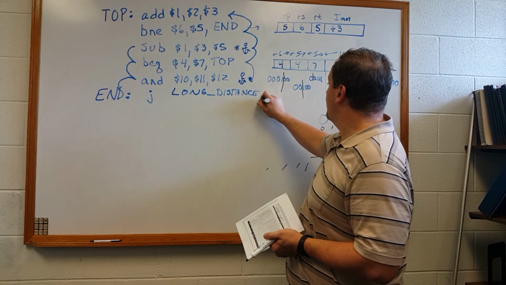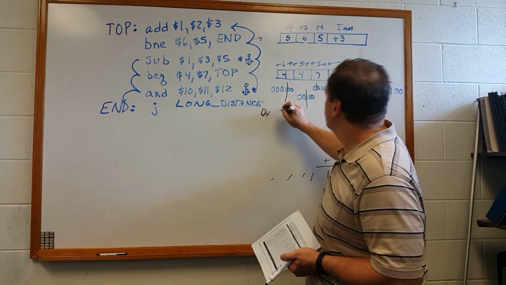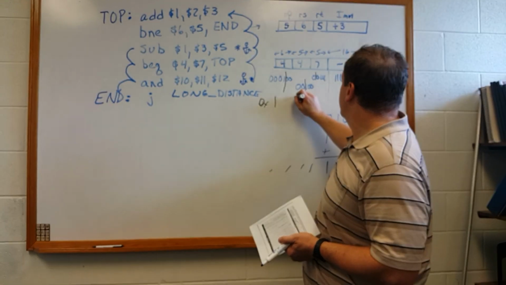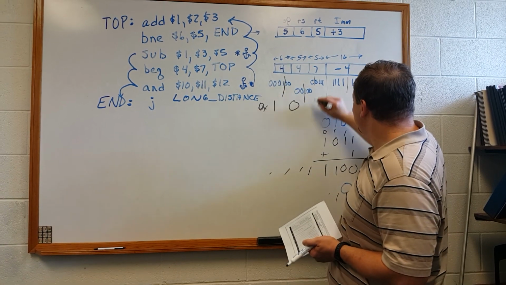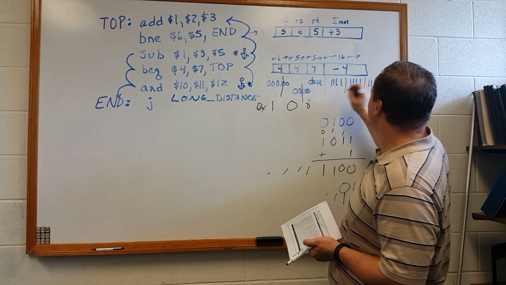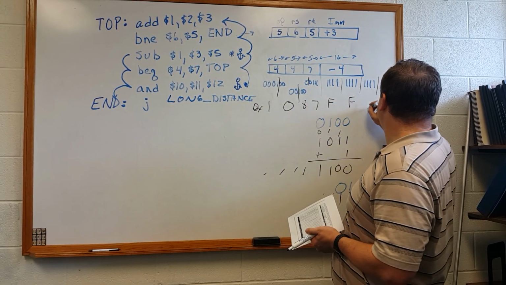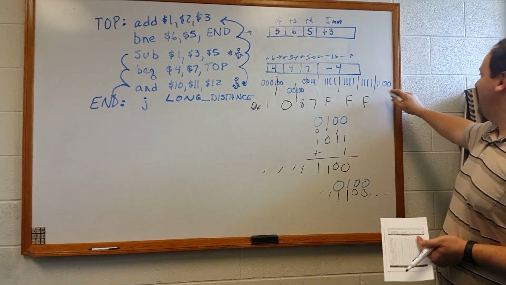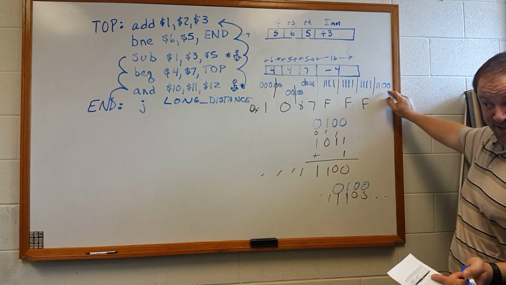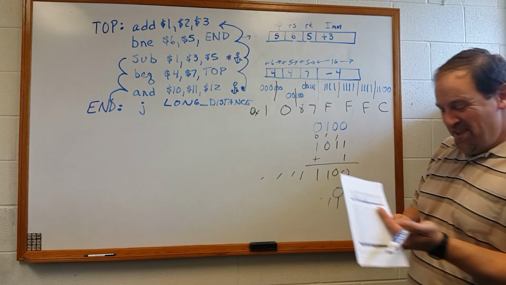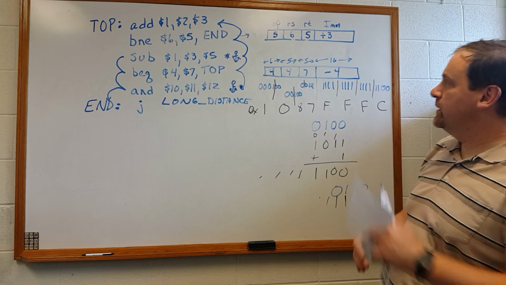All right, so I've got a 0x, and then I've got a 1, and I've got a 0. Then this guy here is an 8, I think. And then this is a 7. Then this is an F. Then this is an F. This is an F. And then this, gentleman, is a C. C, good job. All right. So that's how I convert it.